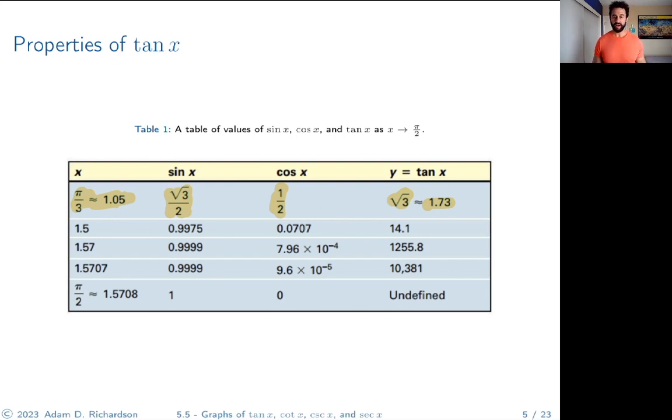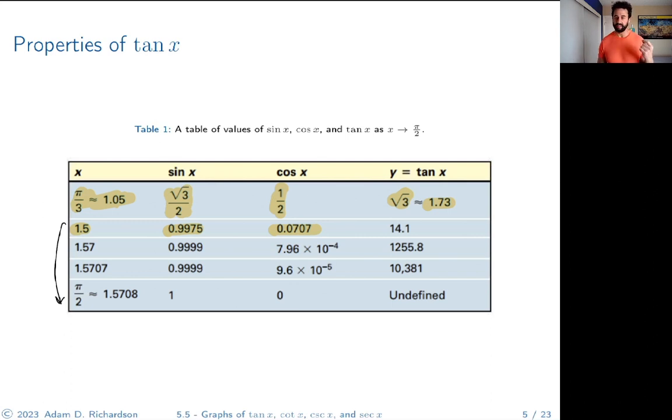Okay, now what we're going to do is take points that get closer and closer to pi over 2. So going from pi over 3, getting closer and closer to pi over 2, and we'll see what happens. So when x is 1.5, sine is about 0.9975, cosine is about 0.0707.